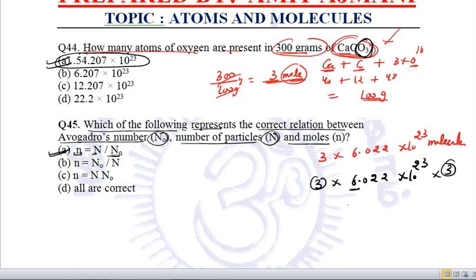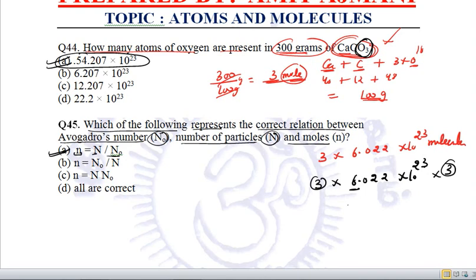The questions based on mole concept are very important, and even though a few questions are MCQ, they will require calculation. So do not do the questions in the air or verbally. Make sure that you utilize your pens, your paper, and your brain in order to give the answers.